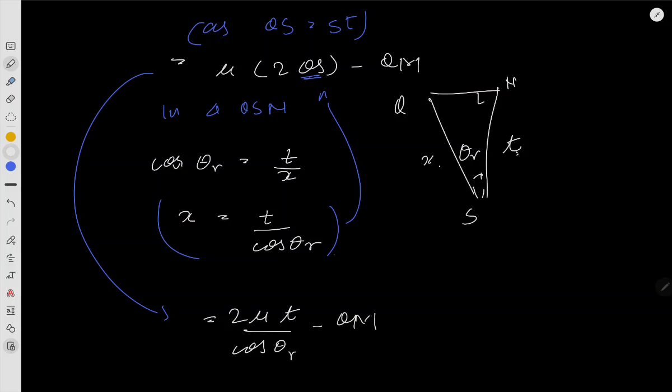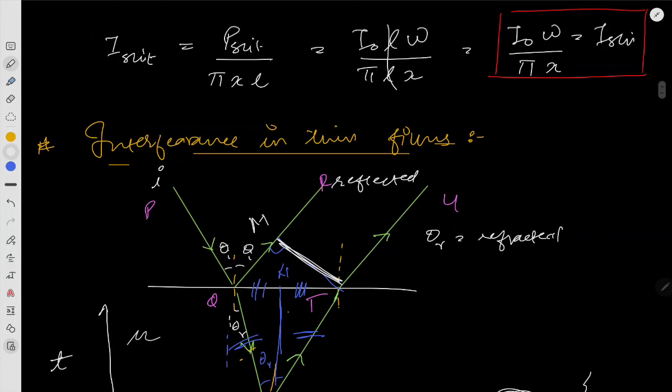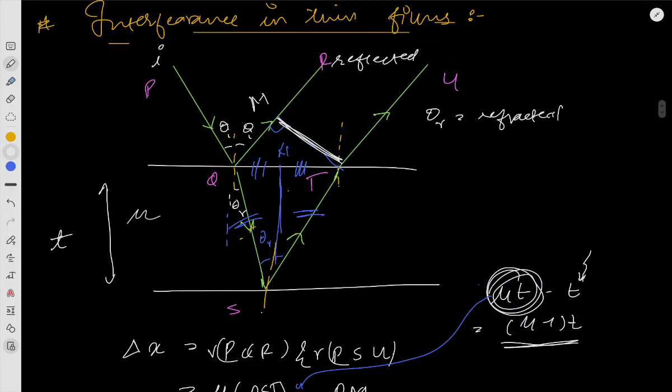So now what is QM over here in the diagram? It is the extra part traveled by the ray PQR, that is the reflected ray. So in order to know the reflected ray QM, we have put the theta there, and let's use the triangle property once again.